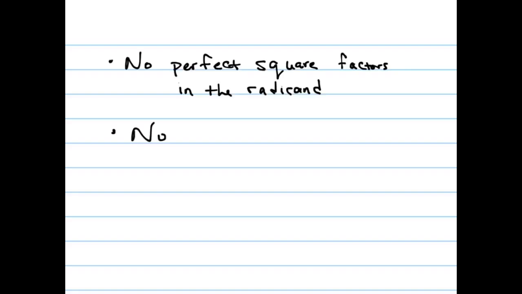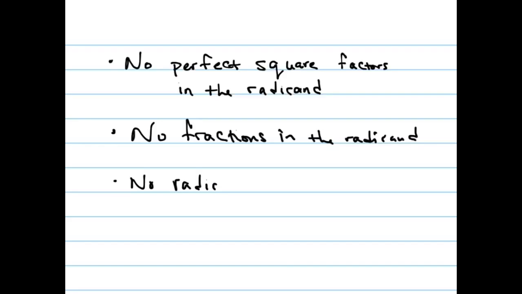Rule number 2: no fractions underneath the radical. And rule number 3: no radicals in the denominator of a fraction.